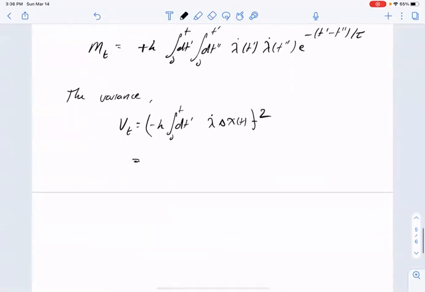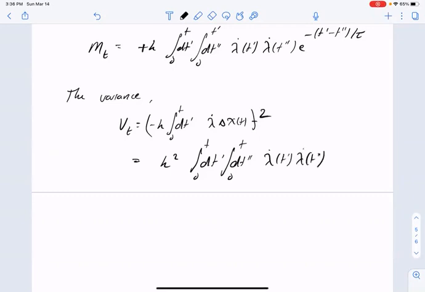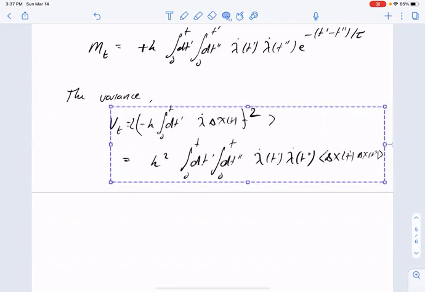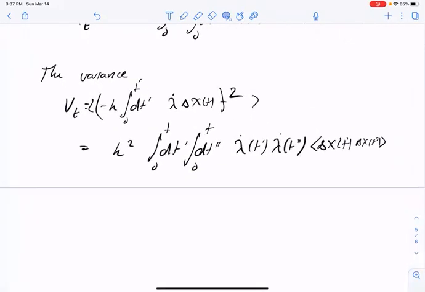All right, so squaring that, I have k squared, 1 integral from 0 to t, t prime, 2 integrals from 0 to t, t double prime, lambda dot t prime, lambda dot t double prime. And now the average of delta x of t, delta x of t double prime. So a correlation function. Let's clean that up a little bit.